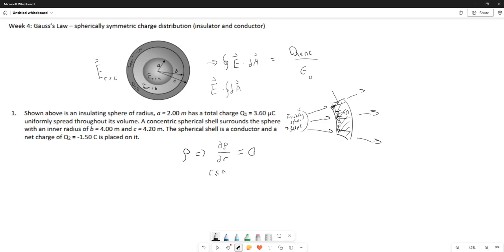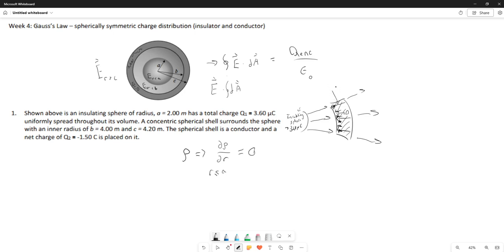Once these relatively negative charges distribute, the point at which they stop building up on the inner radius of the shell will be the point at which the relative charge difference between the positive charge on the sphere and the inner radius of the shell's charge will have to be equal in magnitude, but opposite in sign. Because at that point, it'll reach some sort of equilibrium where it'll be more energetically favorable for those negative charges to stay further away from the inner shell.